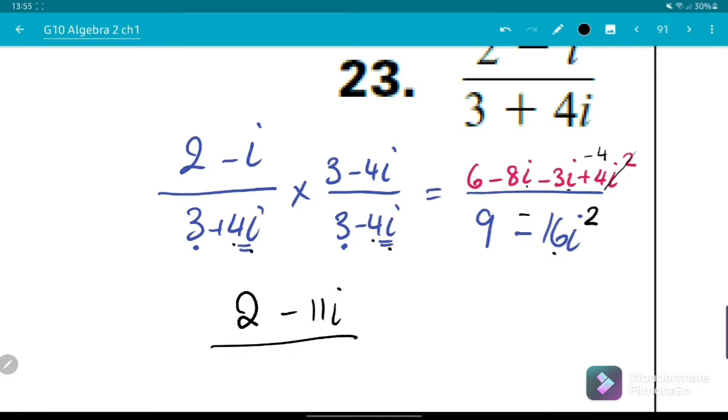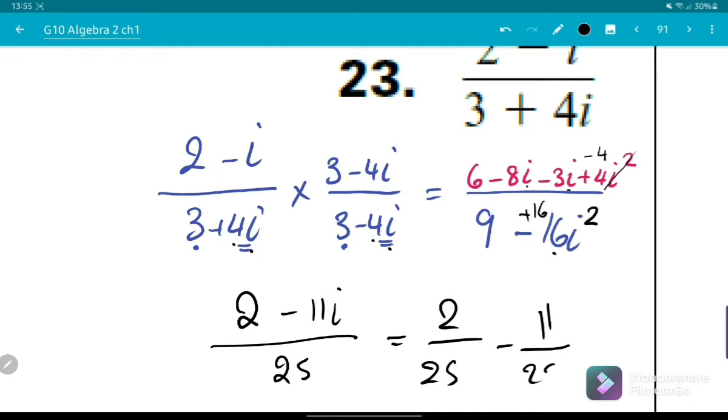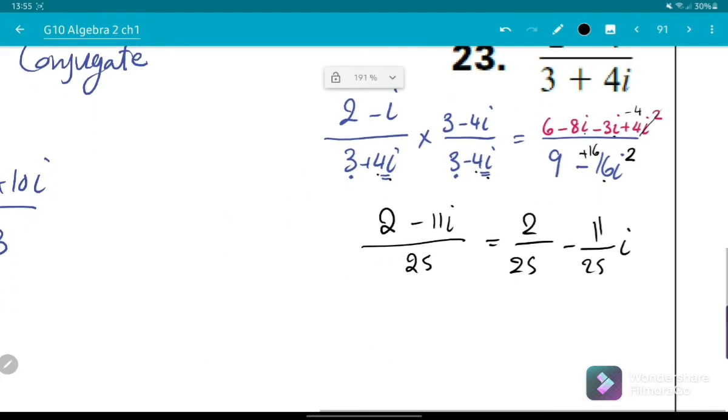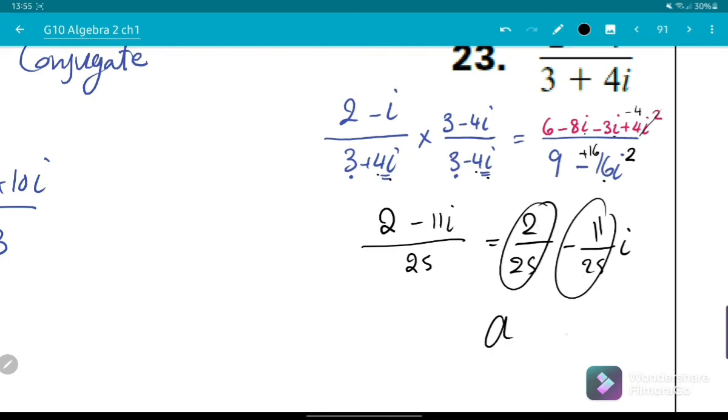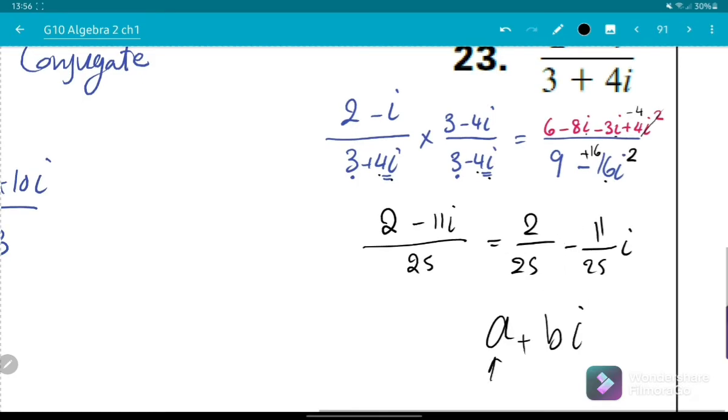All over 9 plus 16, it will be 25. So the answer will be 2 over 25 minus 11 over 25i. Why do we leave this? Because this is the real and this is the imaginary, a plus bi. We have a, which is 2 over 25. b is negative 11 over 25.